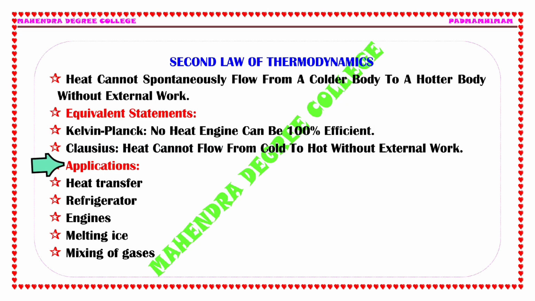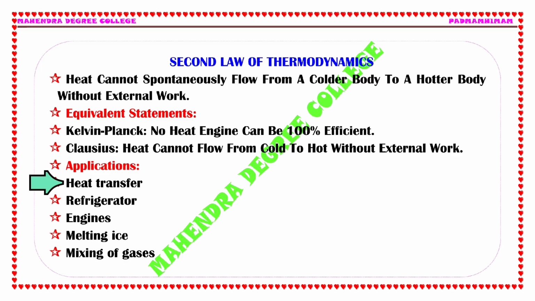Next, applications of the second law of thermodynamics. Let's explain each one clearly, point to point. First one, heat transfer. It means heat always flows from hot to cold naturally.